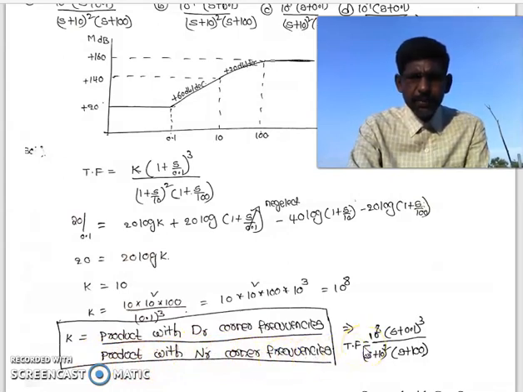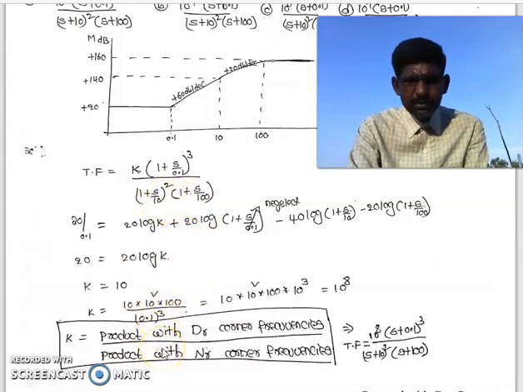The denominator corner frequencies are 10 square into 100. The numerator corner frequency is 0.1 whole cube. If you simplify this, you will get the transfer function as 10 power 8 into (s plus 0.1) whole cube divided by (s plus 10) whole square, (s plus 100).